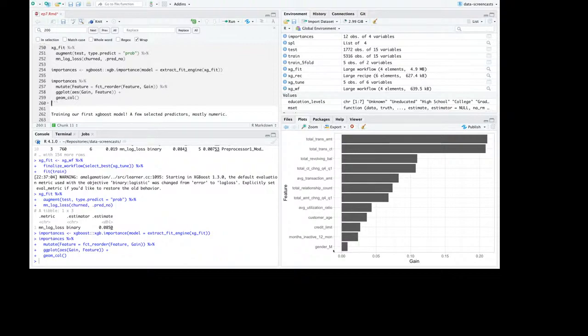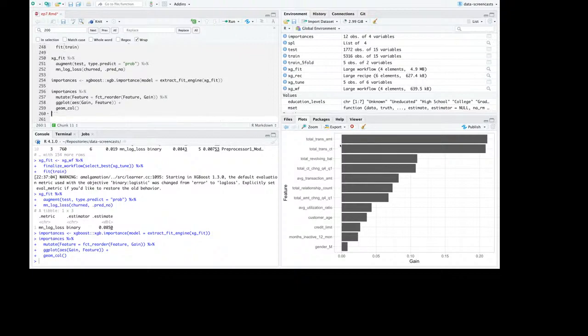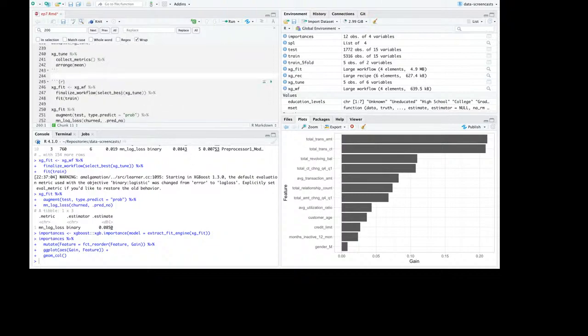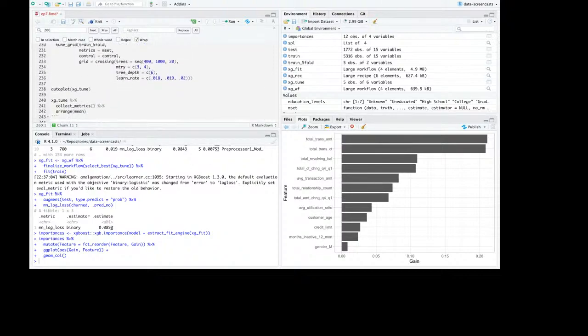Okay, so the transaction. It's interesting. Transaction amount is still more important than average transaction amount. Huh. Oh, these two just work well together. Total revolving balance and some of the other ones we want to look at. Anytime I'm going to try this other.